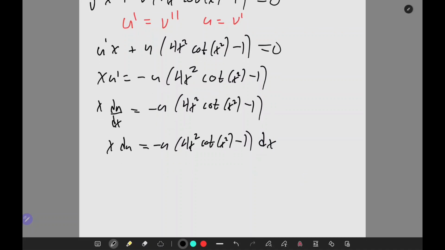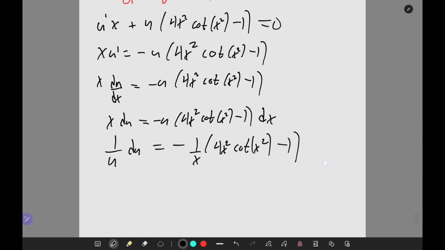Now we have this u that needs to go over here and the x that needs to go over here. So this is 1 over u times du is equal to negative, divided by x, times 4x squared cotangent of x squared minus 1 dx.